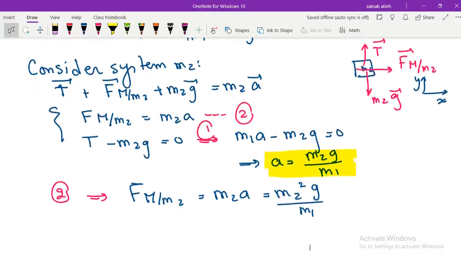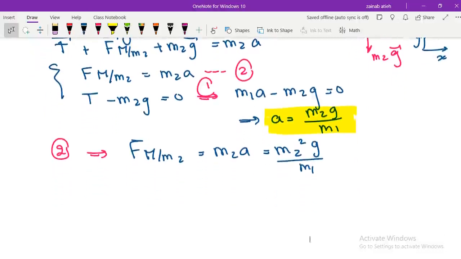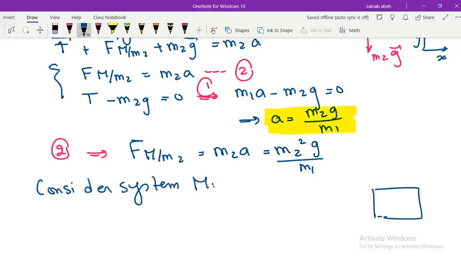Now let's consider the system which is the car. Consider system M. This is the system M. What are the forces acting on the system? There are plenty of forces.